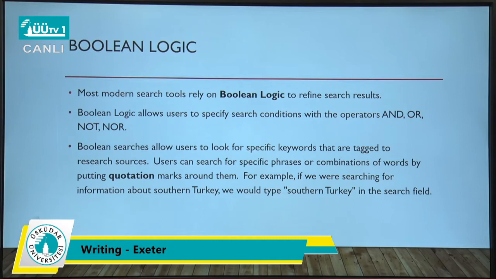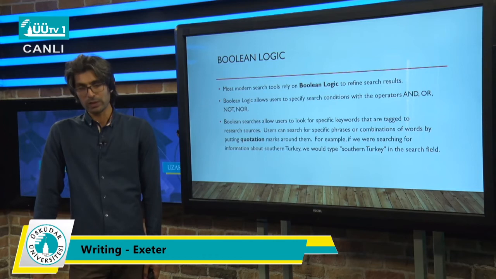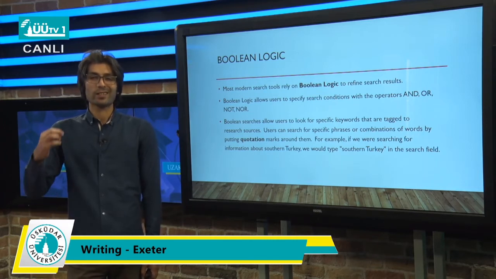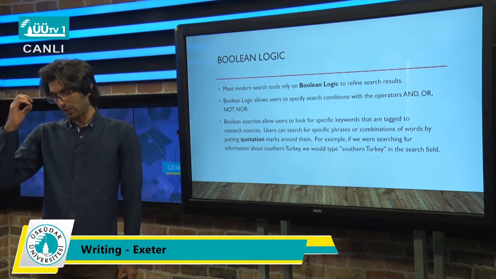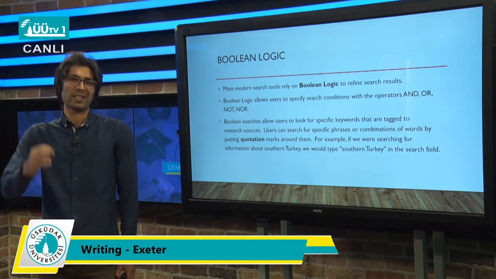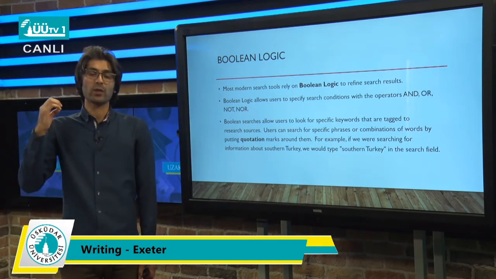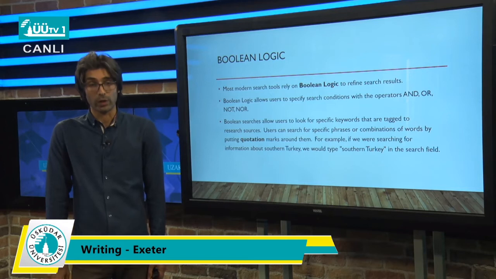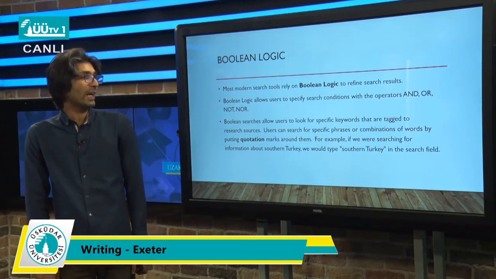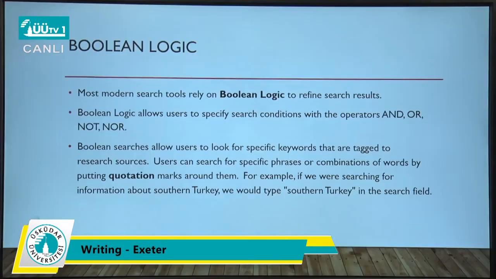Boolean Logic. Most modern search tools rely on Boolean Logic to refine search results. What is Boolean Logic? Boolean Logic was originally developed by George Boole. It is a form of algebra, which is focused on 4 simple words that you can see here: and, or, not, and nor.